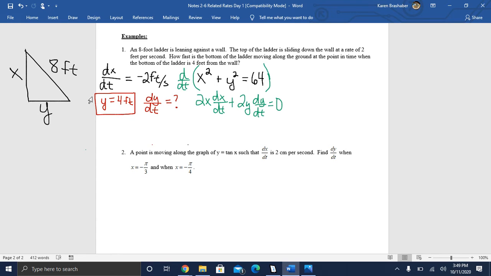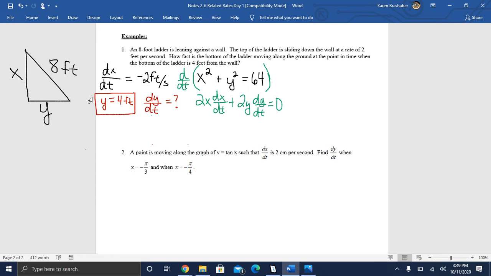So now I can start to substitute in my given information. I should only have one variable left, and that is what I was looking for. So I'm looking for dy dt. As I scan my information, one thing I notice is that I don't have a value for x. But I can do some work, and you can do this at any point, but you may just end up doing it like I am when you discover that you need it.